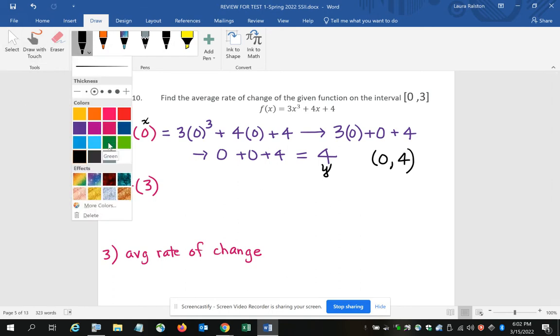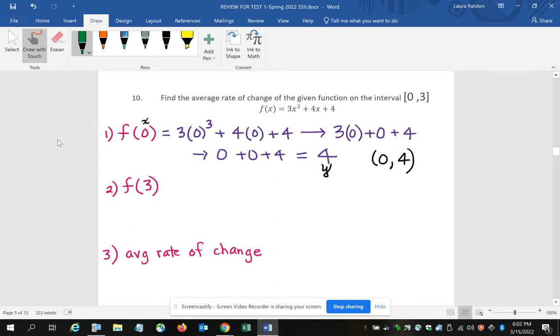Then I'm going to start over, and I've got to plug in 3 into the problem. So I would have 3 times 3 cubed plus 4 times 3 plus 4. Now again, be careful, okay? You can do this in the calculator. I'm going to work it out in my head. 3 times 3 cubed: 3 times 3 is 9, 9 times 3 is 27.